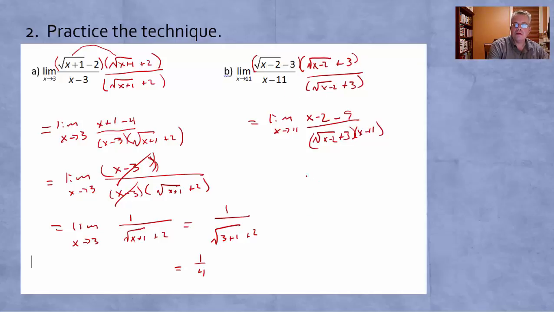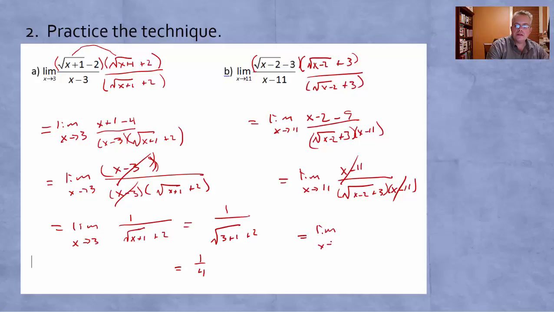Sorry, I just kind of wrote these backwards. Okay, equals the limit as x approaches 11 of x minus 11 over square root of x minus 2 plus 3 times x minus 11. Cancel those.